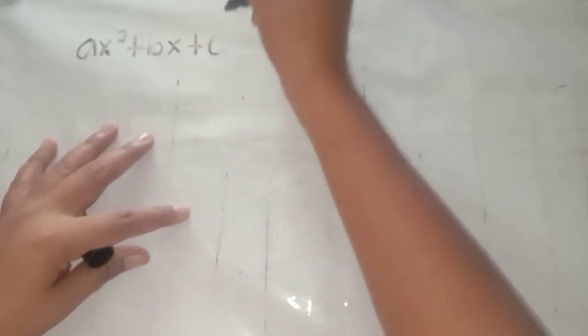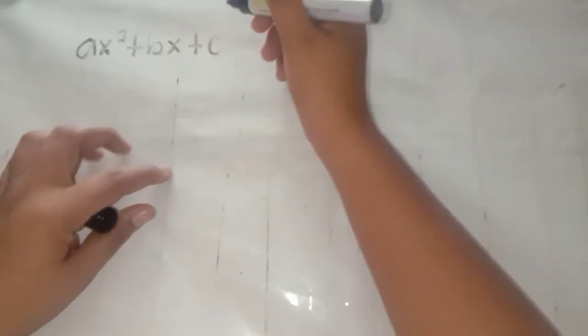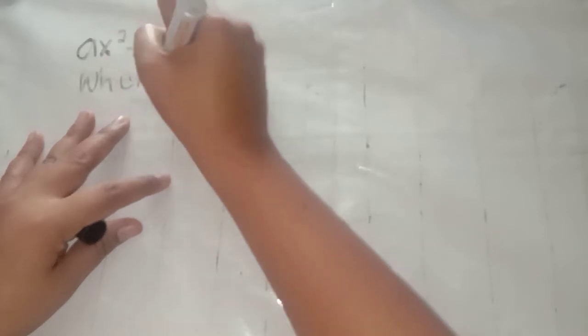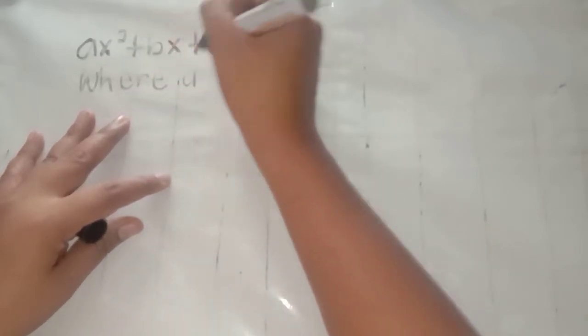So this is the form that we will use: ax squared plus bx plus c, where a is greater than 1.